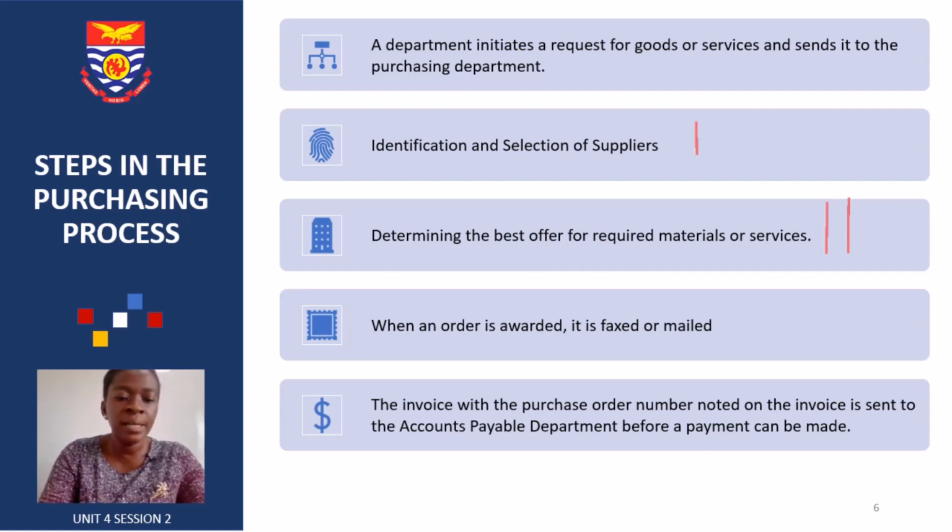And then when you are done, you have to make an order, which can be either faxed or mailed. You order for it, they'll send you an invoice of the numbers you want, how much it's going to cost you, and all those things. And you also give it to your finance or accounting people to make the payment on your behalf. So this is basically what goes on in the purchasing process.